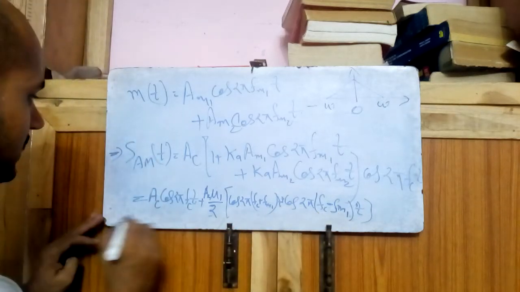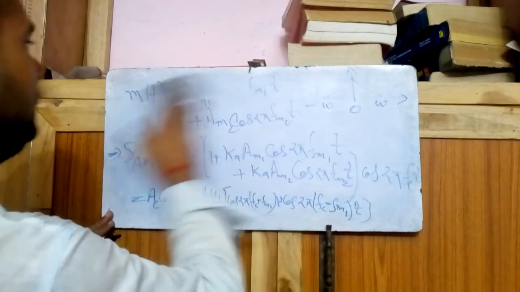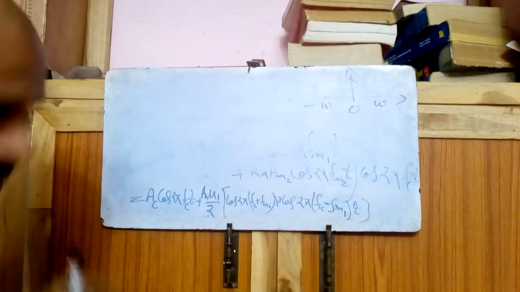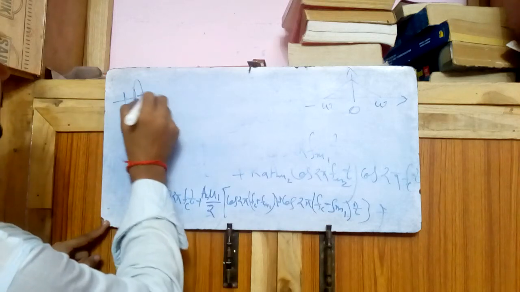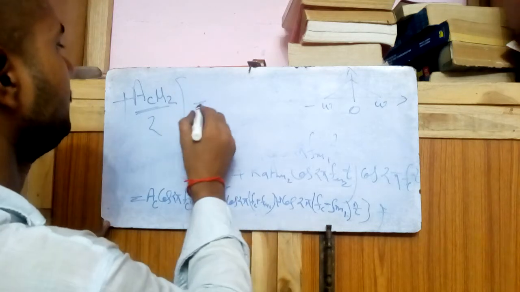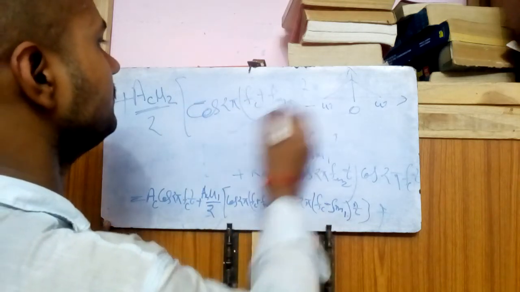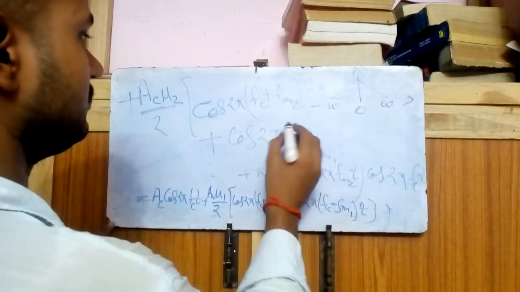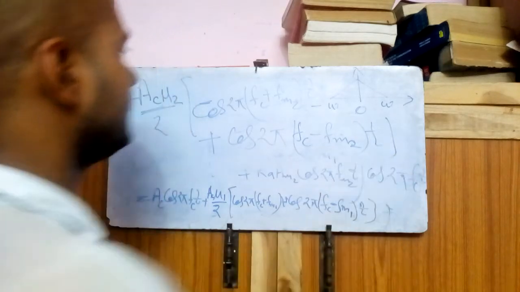Like this, in addition, Ac mu2 by 2 cos 2 pi (fc + fm2) t plus Ac mu2 by 2 cos 2 pi (fc - fm2) t, right?